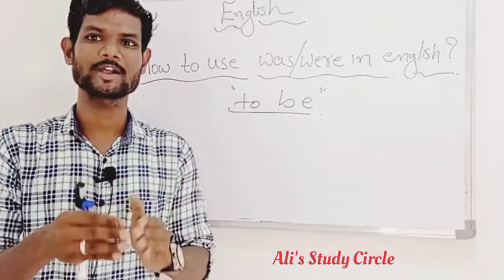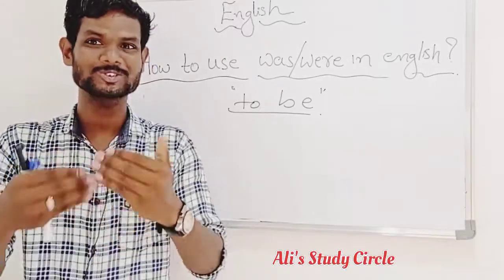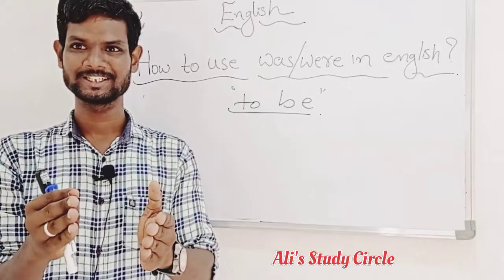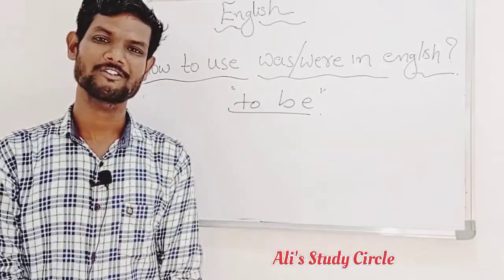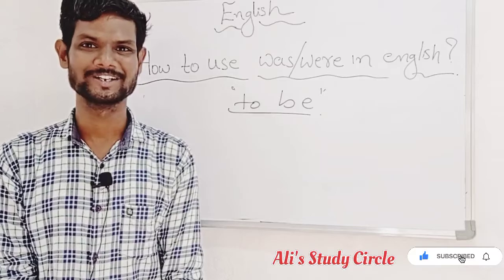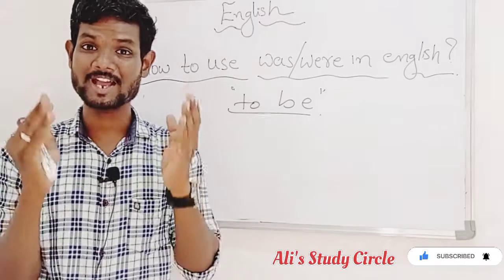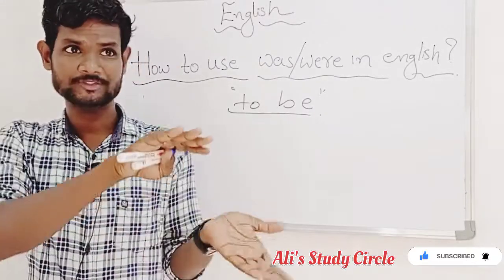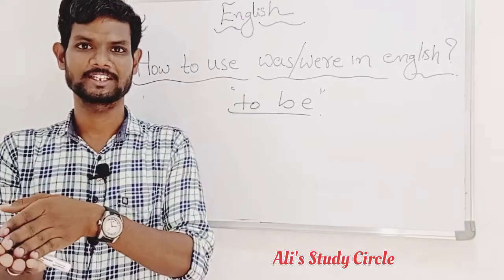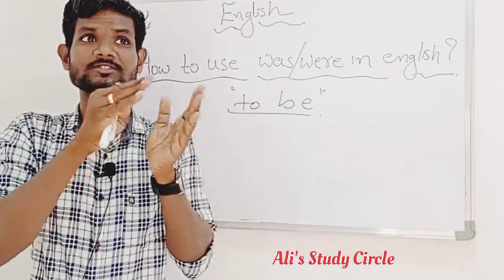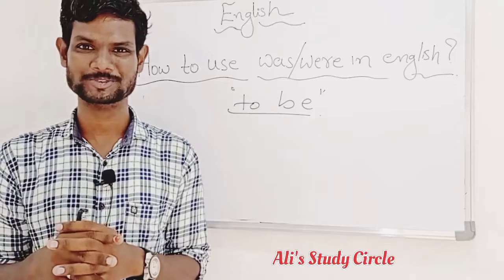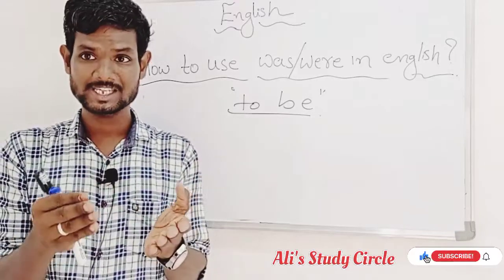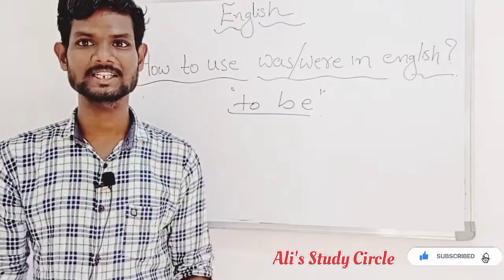If you want to remember easily, you can think of was and were as the past tense form of the auxiliary verbs is and are.